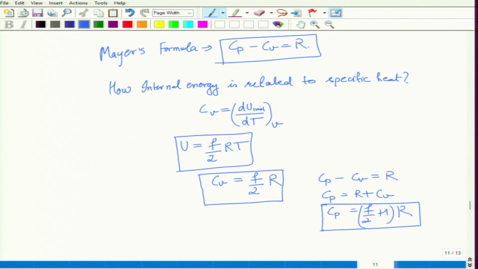I discussed in brief why we relate the specific heat at constant volume to internal energy. When we discussed the notion of internal energy, we said there shouldn't be any motion of the body itself. So there is no dynamics of the body. Whatever the energy is, it is internal to the system.